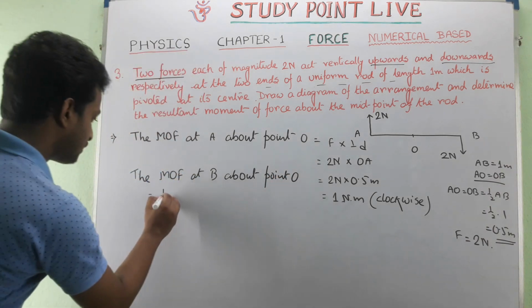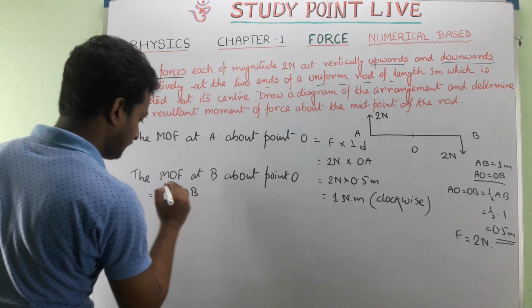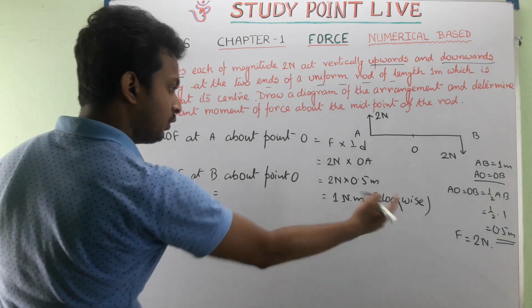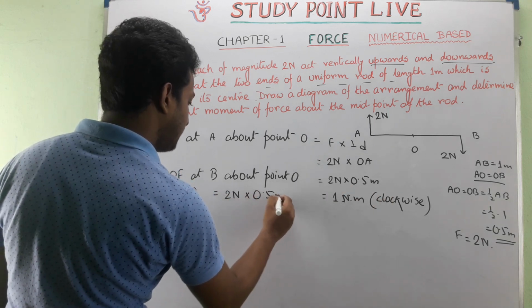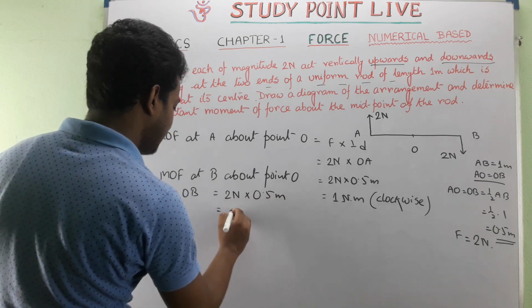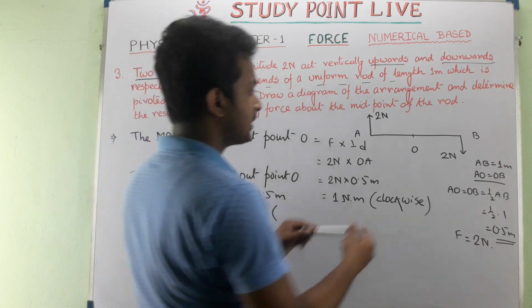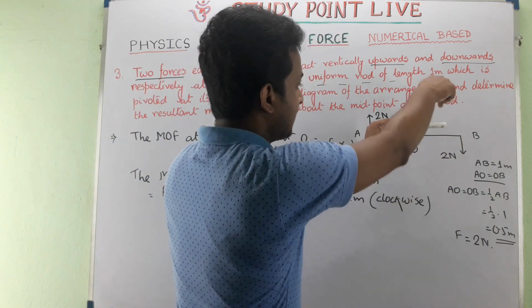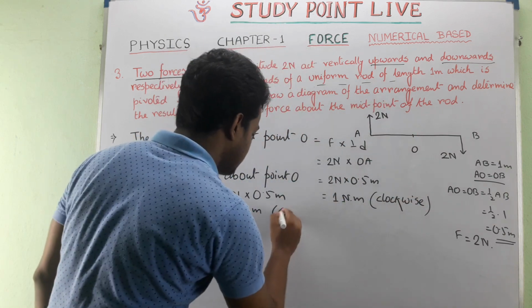That is again force into perpendicular distance. In this case it is OB. So force is 2 Newton and OB is 0.5 meter. So we can say it is again 1 Newton meter. And what is the direction of rotation? See, here this point is fixed, and here the force is in the downward direction. So here also the direction of rotation is clockwise.